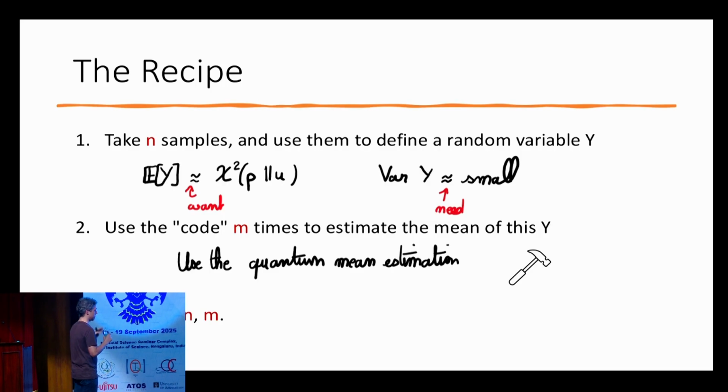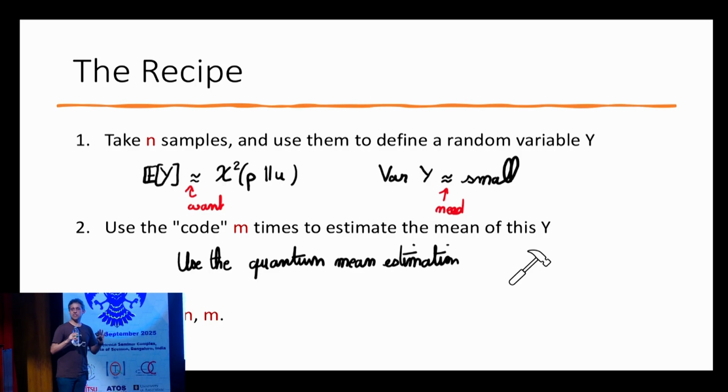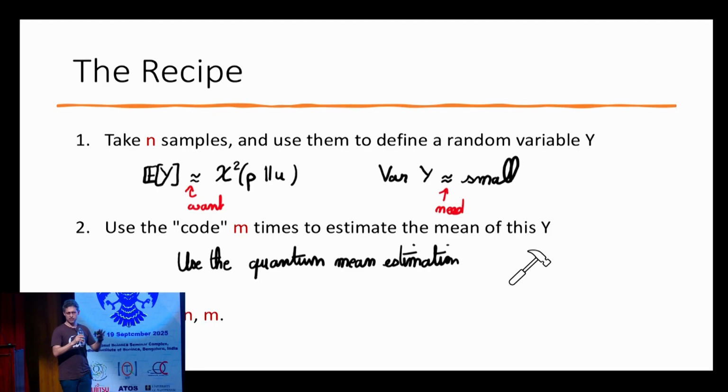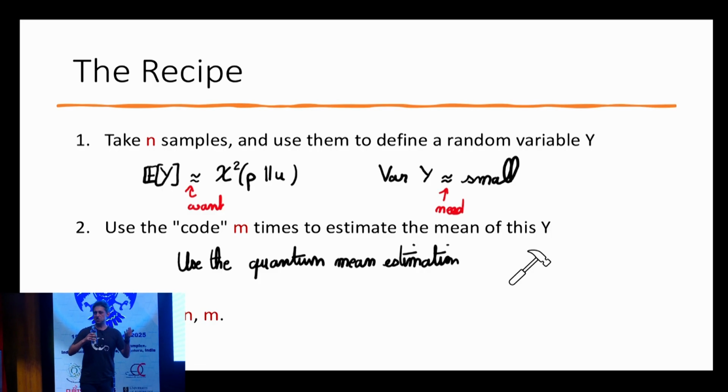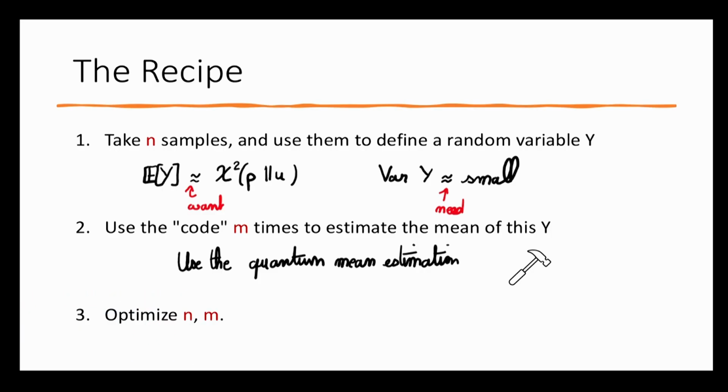The recipe that we want to follow is we take n samples, and for us, they're actually going to be actual samples, IID samples in that first stage, phase 1, and you use them to somehow define a random variable y. So that new variable y will depend on the samples you took in that first stage.